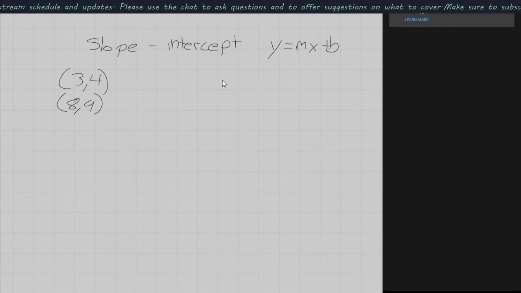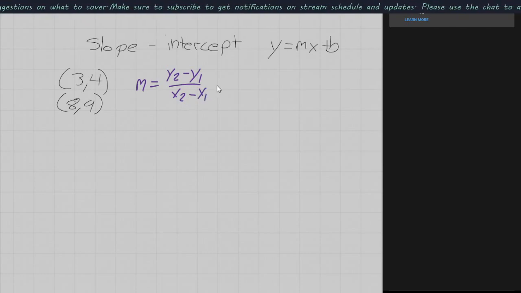So to solve for the slope, again, I'm going to do this twice. So the first thing I'm going to use is m equals y sub 2 minus y sub 1 over x sub 2 minus x sub 1.